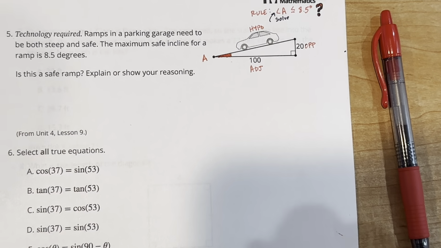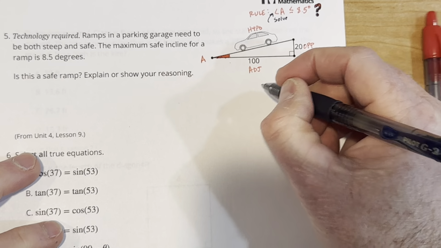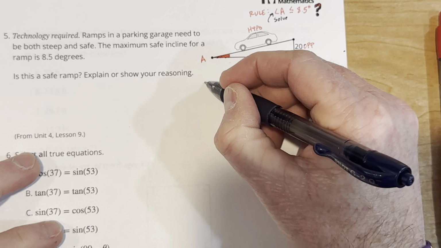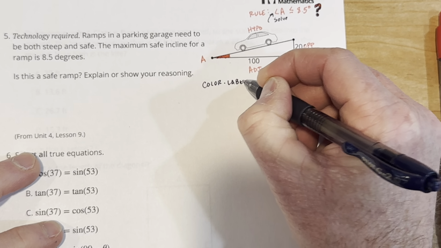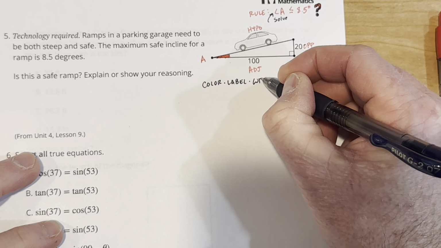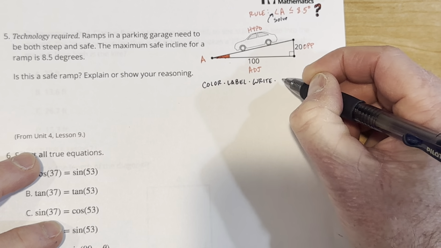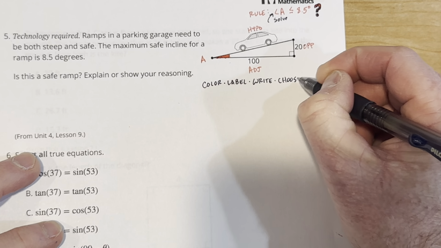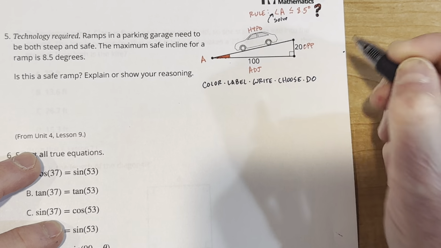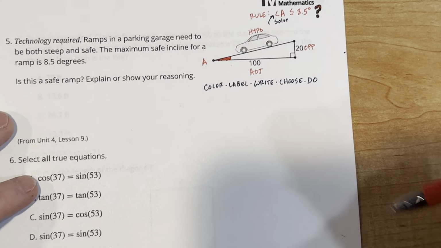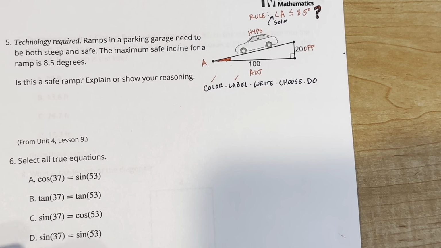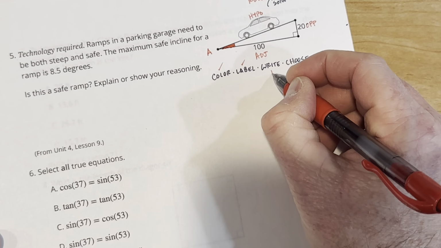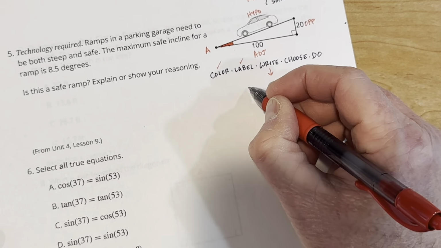What do you write? SOHCAHTOA. Label, right, choose, do. Okay, color, checked, labeled, checked, right, not yet, but we're gonna do that right here. SOHCAHTOA.